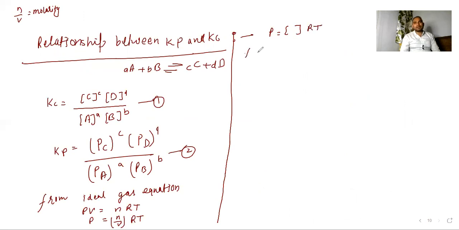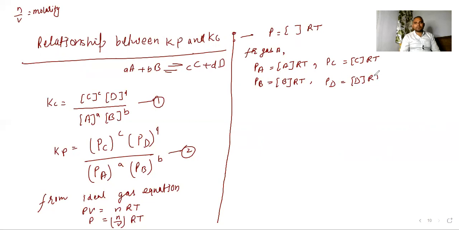For gas A, PA is equal to [A]RT. For PB, it is [B]RT. For PC, it is [C]RT. And for PD, it is [D]RT.